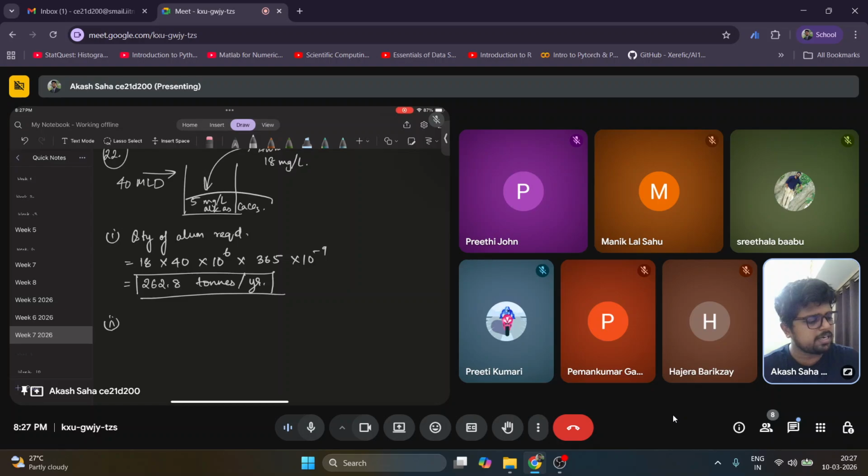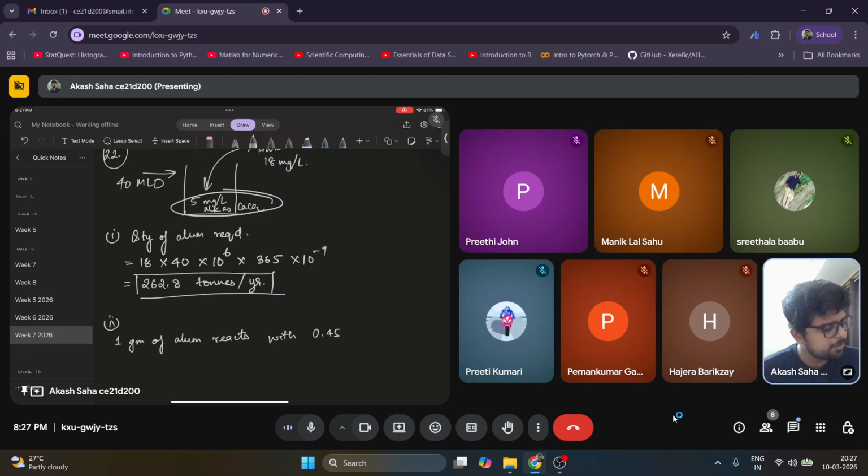The water has already 5 milligram per liter of alkalinity. So always you should know how much alkalinity 1 gram of alum reacts with, any idea? This is found stoichiometrically.